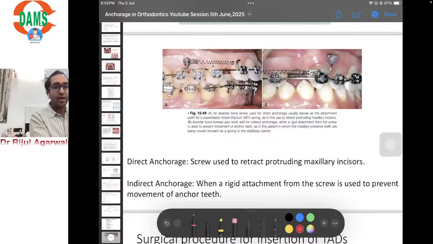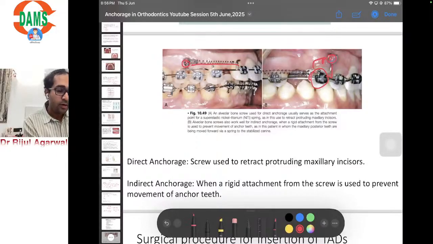Very important topic. Direct anchorage means in which we take the help of the temporary anchorage device or the screw. In the first image, we have placed the TADs interdentally between the teeth, and we are retracting the anterior teeth by attaching the coil spring directly to it. In indirect anchorage, we place the screw and attach the anchorage unit to it, and the retraction coil spring is placed from the teeth itself, not from the mini implant.